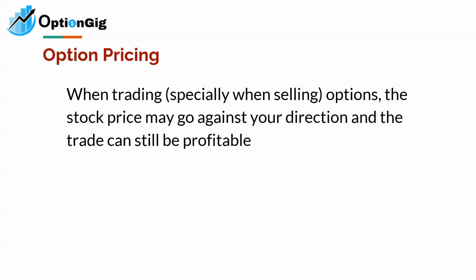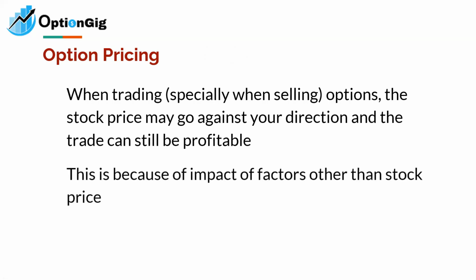But if you're selling an option, you can still make money even if the stock goes against your directional assumption. It is because the option pricing is impacted by factors more than just the stock price movement. So even if the stock has gone against you, it's okay because the other factors helped you.